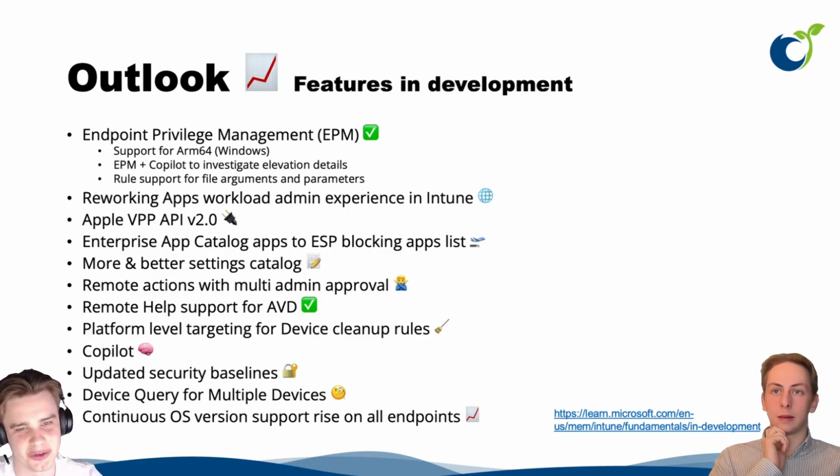I think Microsoft has talked 90% of the time about Copilot, so it's interesting to see how Copilot can collaborate together with EPM. And also to add more for EPM, it will support rules for file arguments and parameters as well. It's also in development, so really interesting to see when that's complete.